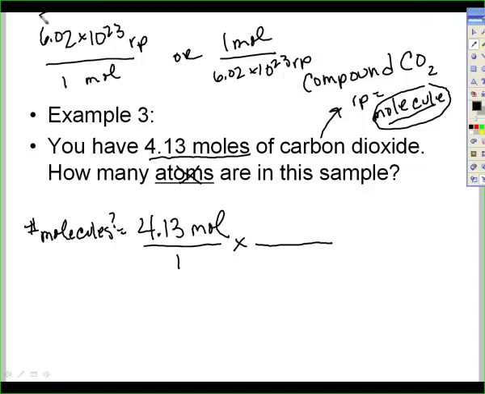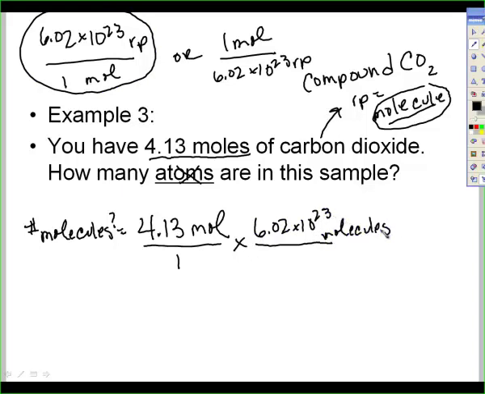And this time, I want that one because it puts moles on the bottom. So I'm going to have 6.02 times 10 to the 23rd, in this case molecules, because that's my representative particle, over 1 mole. So moles cancel. Everything in the top we multiply by, everything in the bottom we divide by. I only have 1s in the bottom, so I can kind of just ignore those.